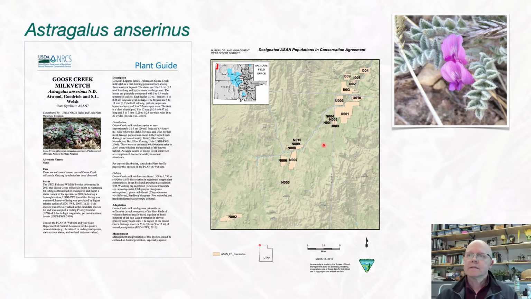The species is typically found on tufaceous volcanic outcrops of the Salt Lake Formation, and there was a large number of individuals prior to a fire that swept through the area. I think in 2007, about 60,000 plants were found inside this area, but it does have a rather narrow and restricted distribution.